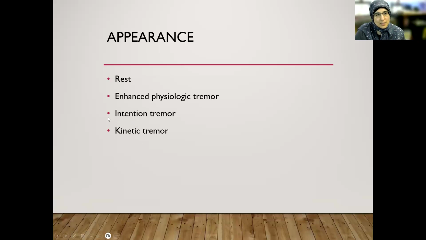Or you here see the term intention tremor, which means that the tremor tends to get worse when they approach the target. As soon as they start the movement, it's okay, or there's some slight tremor, but when they get to the target, the tremor really gets worse. That is what we call intention tremor. And all these different appearances of shaking can happen when an individual is taking the medication.